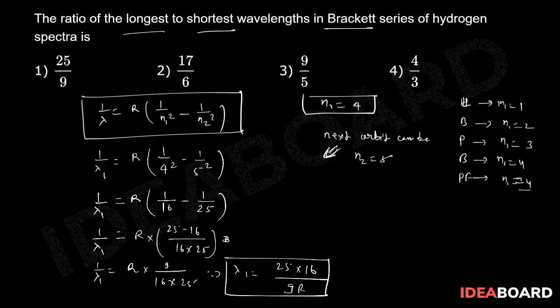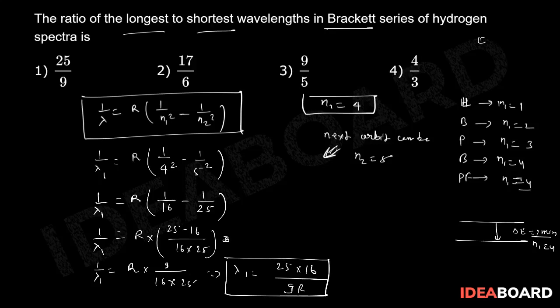So we got one wavelength, lambda 1, and we have another wavelength. Suppose this is n equal to 4 and this is n equal to 5, then the energy transition will be the minimum. That minimum energy will give you the maximum wavelength. Why?